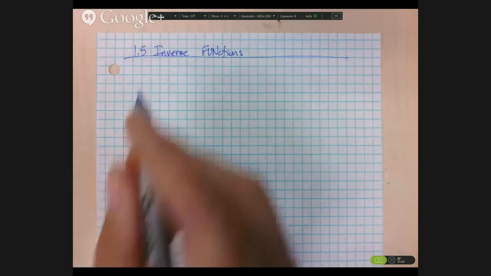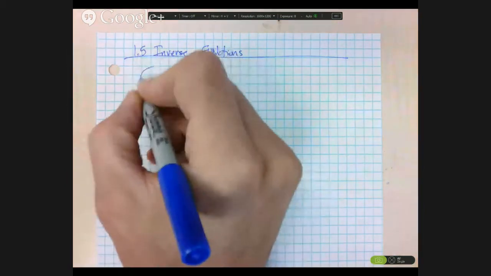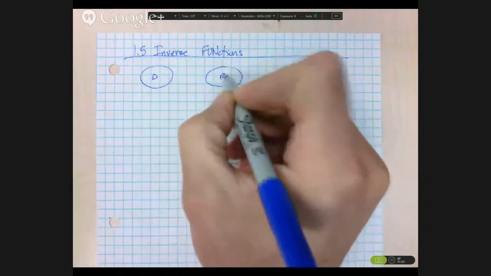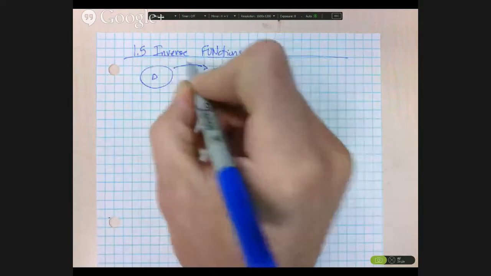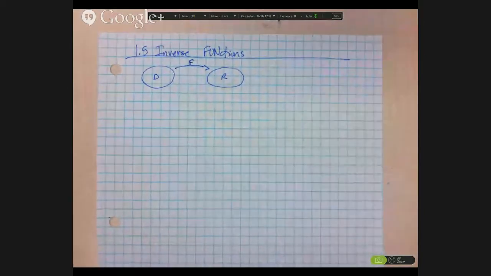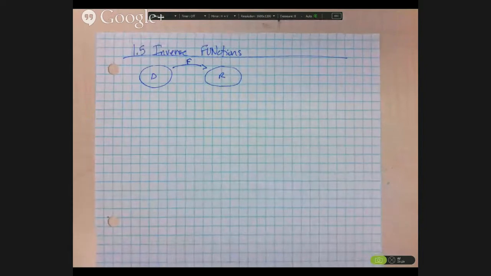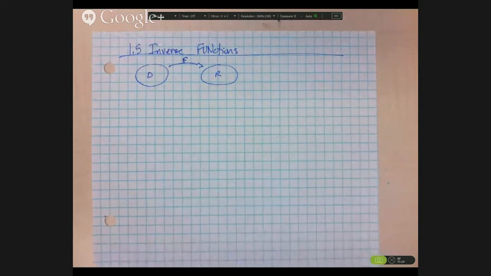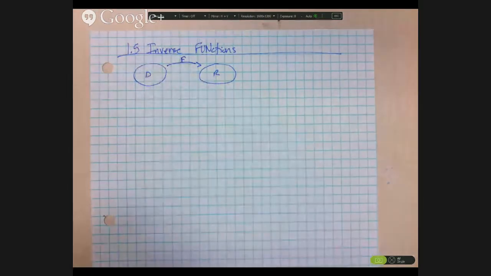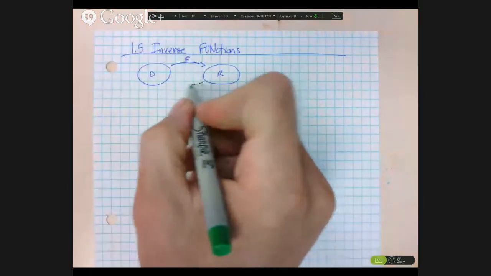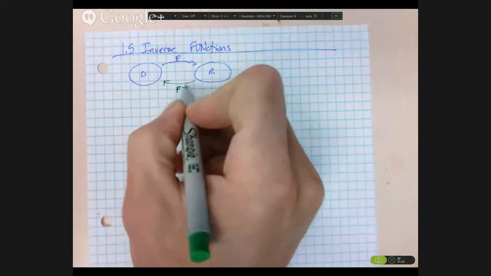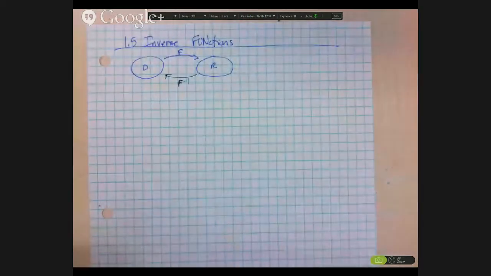Inverse function. Let's say we have a domain and a range. A function f maps from the domain to the range. The inverse maps the opposite direction.